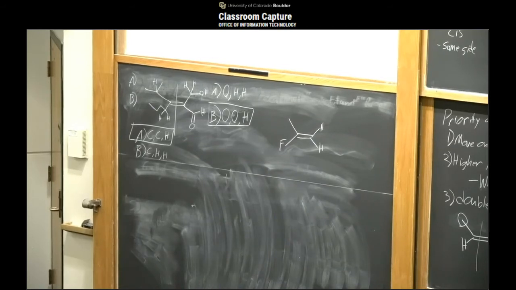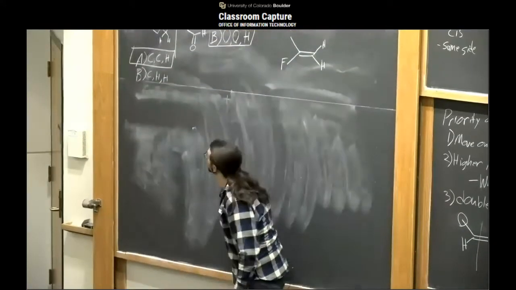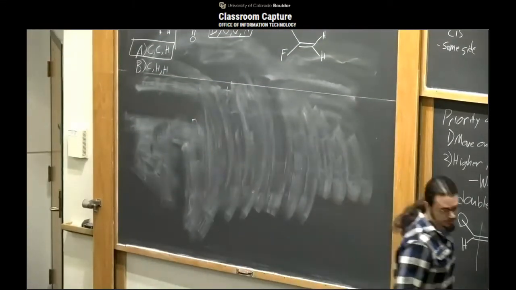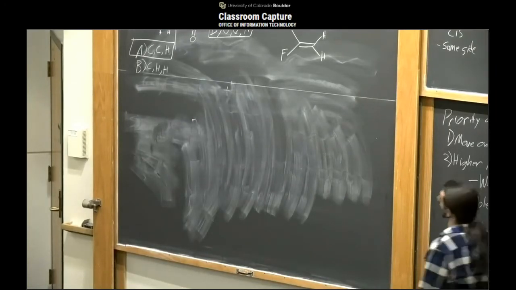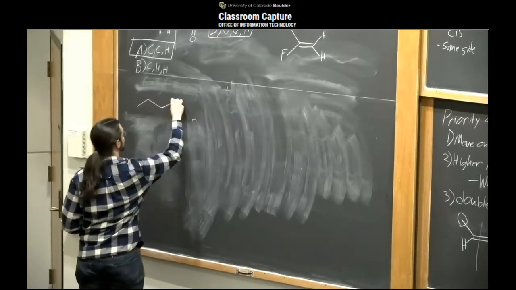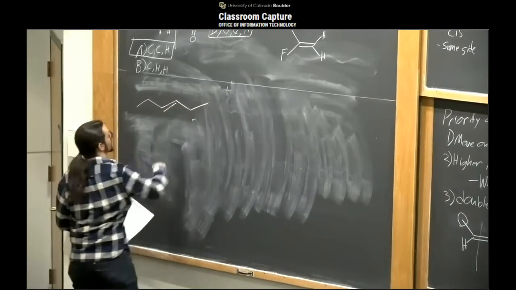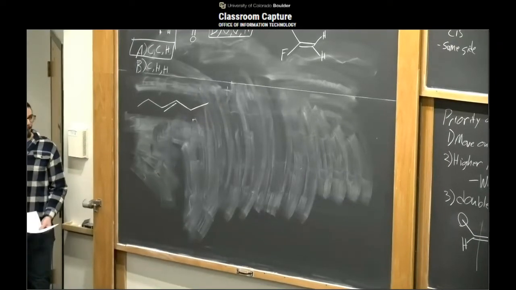So as far as applying this to naming, you can put it at the front in parentheses. So for example, if we have this molecule, is that an E or a Z alkene just by looking at that one?